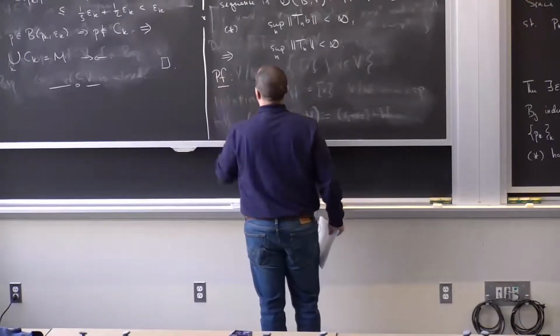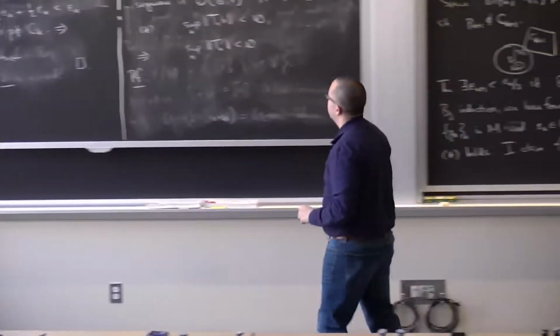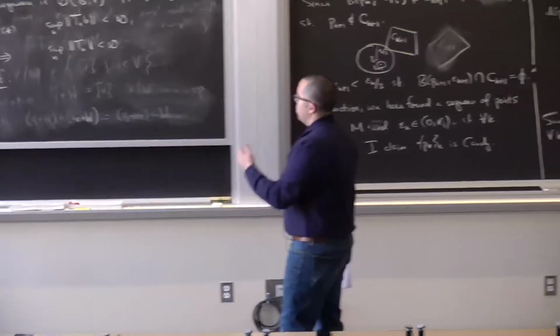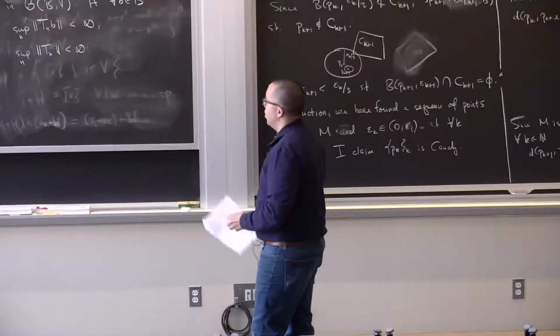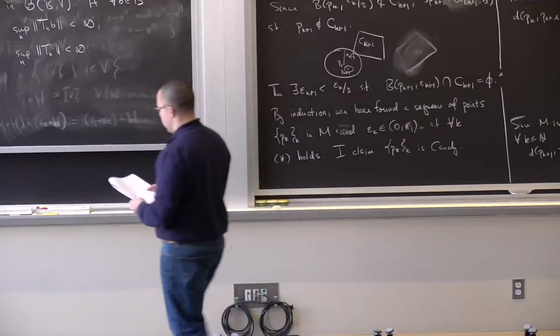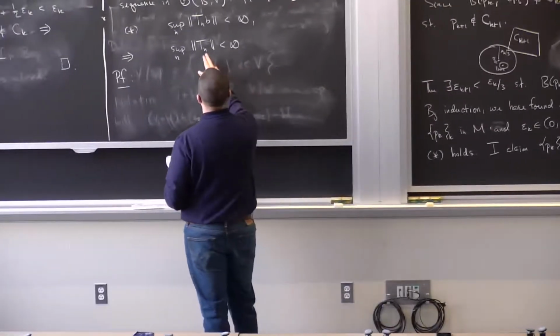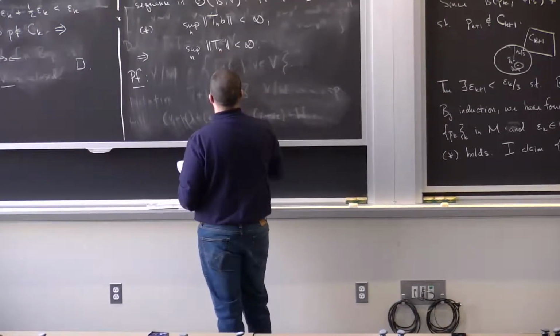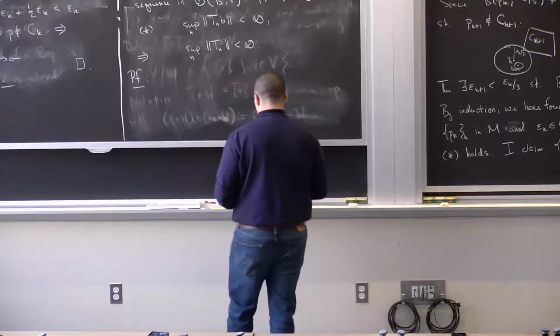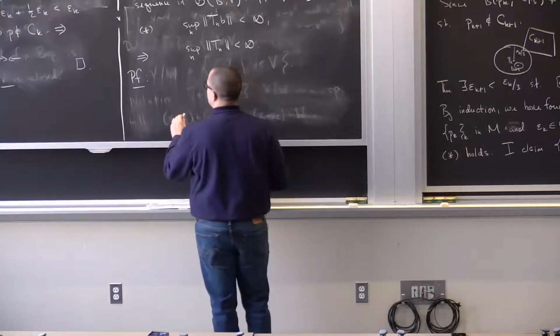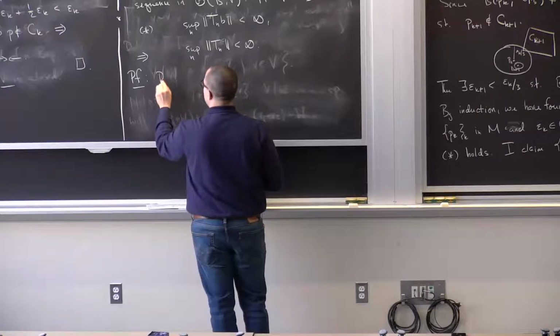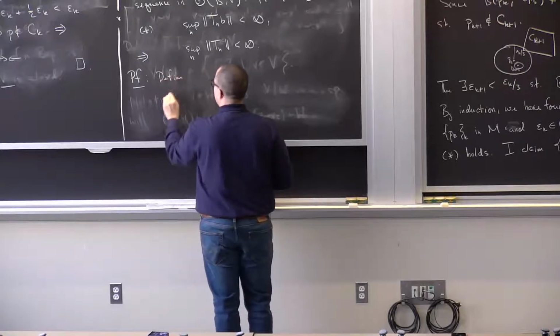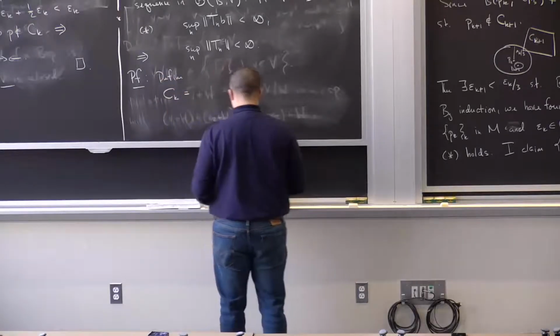So we're going to use the Baire Category Theorem. So we're going to write the Banach space B as a union of closed subsets. What will be these closed subsets? Remember, we're trying to find a uniform bound on the T n. So just playing around, let's define the subset of B to be C k.